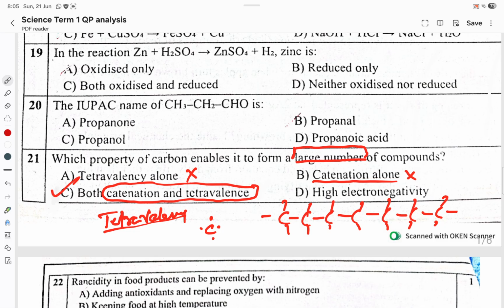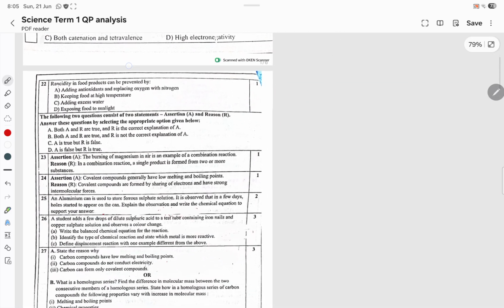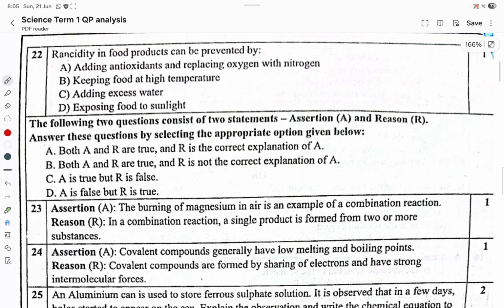This property is called catenation. Not only catenation, tetravalency also helps in this phenomenon. So our answer is both catenation and tetravalency. Now let's move to the next question, number 22.